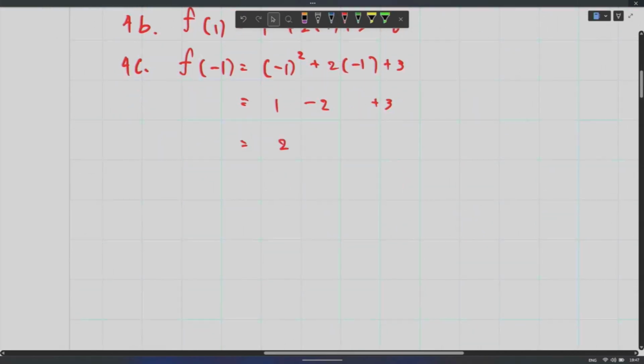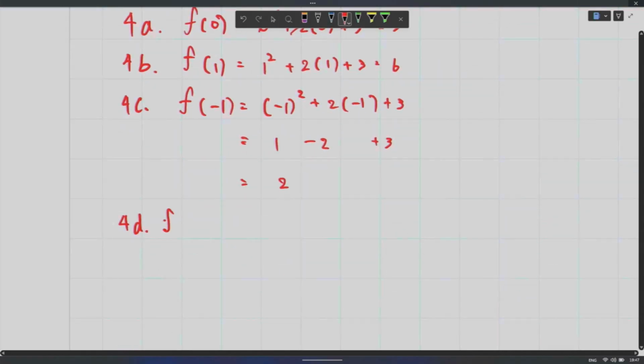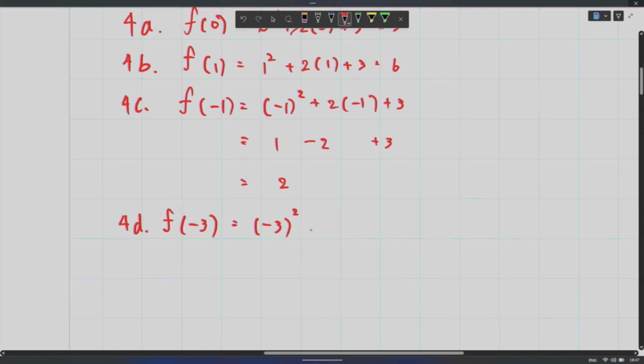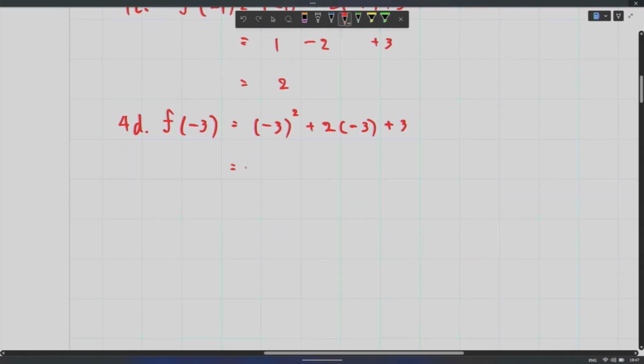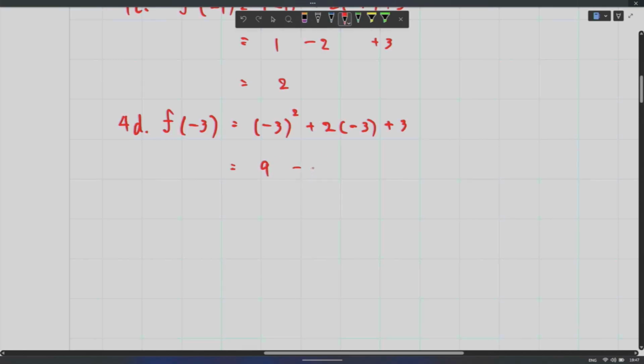And for d, which is f of minus 3, equals minus 3 squared plus 2 times minus 3 plus 3, which is 9 minus 6 plus 3, which is 6.